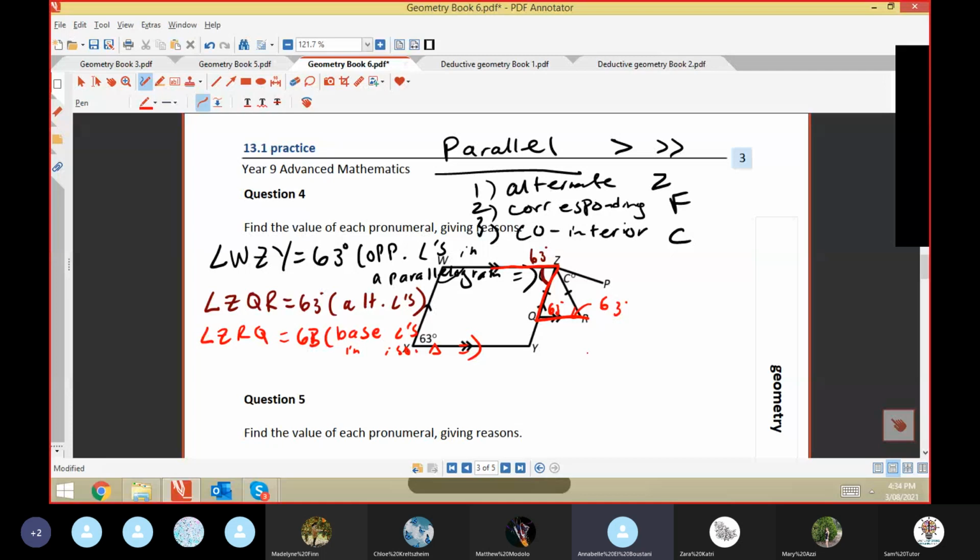And then you'd have to go 180 minus 126 to get angle QZR. Angle QZR equals 180 minus 63 minus 63.